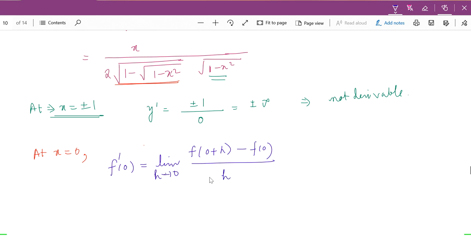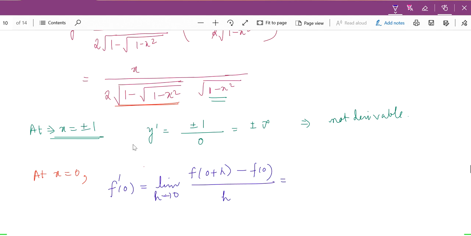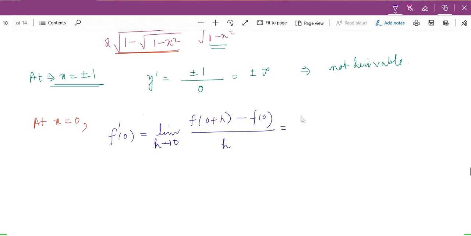Now let's plug in the values. My function is under root 1 minus x square. So limit h goes to 0, under root 1 minus, f of h, so instead of x I am going to write h. If you don't mind, I am going to write h square to the power half instead of under root. Minus f of 0, which is 0, over h.